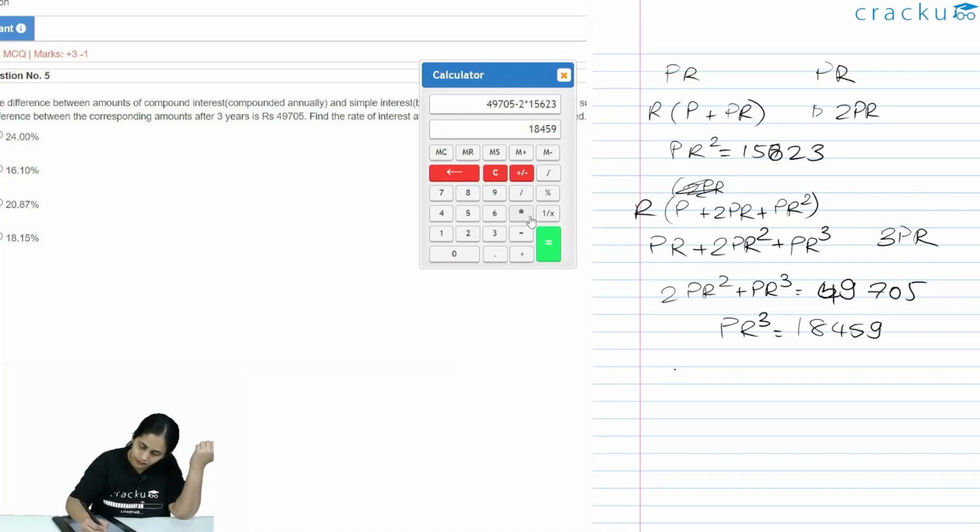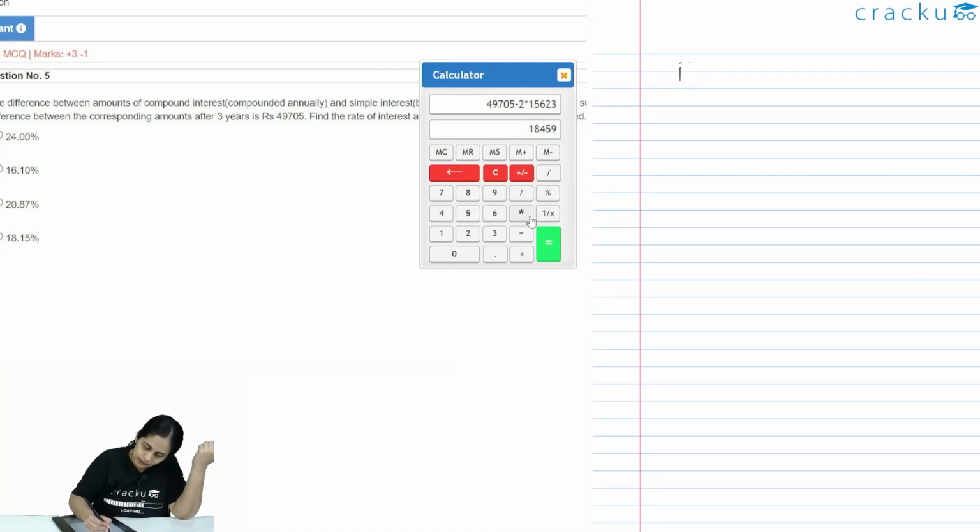Let me start again. First year, this is P plus PR. There is no difference. This amount would be P times (1 plus R) the whole square. This will be P plus 2PR. And third year, this will be P times (1 plus R) the whole cube.